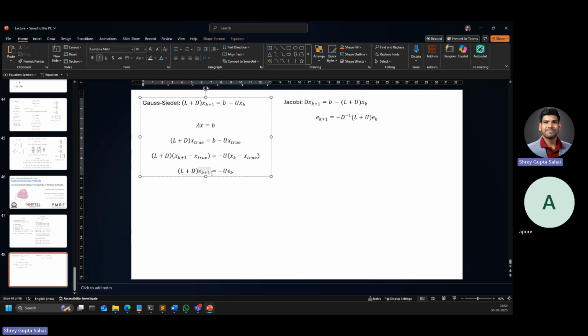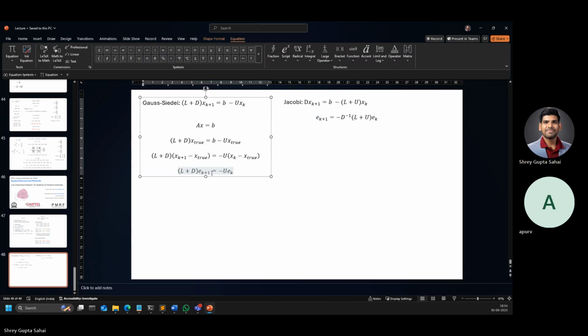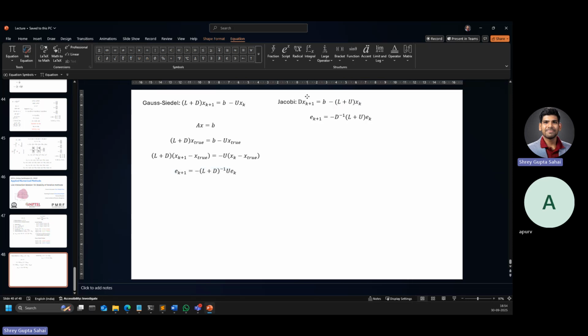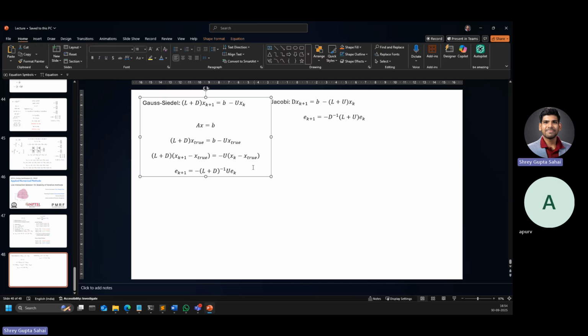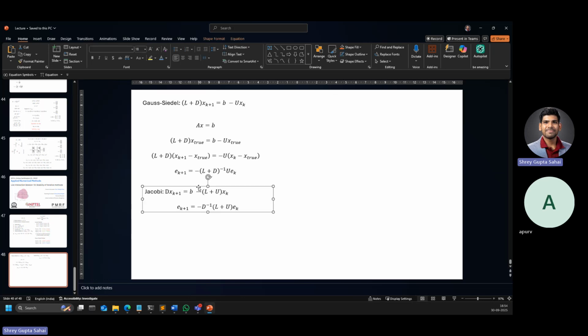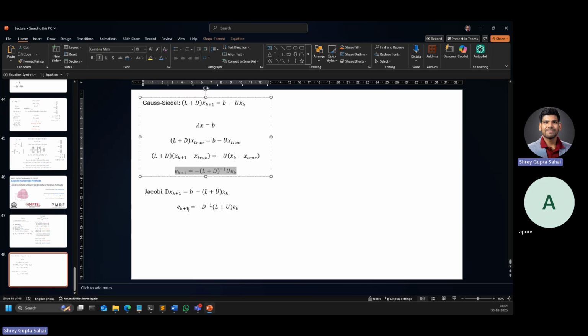Let me write this part also: minus (L plus U) inverse... So you see different schemes are getting you different convergence. The way your solution converges is different depending on your scheme. These two equations signify that.